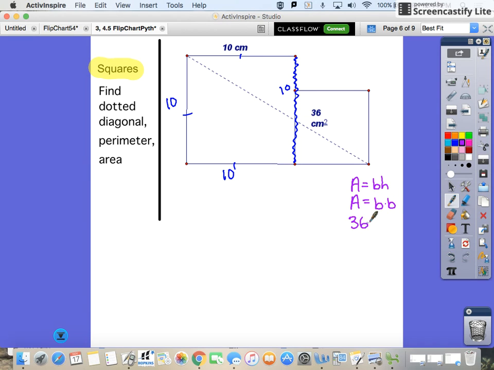So what number, because our area is 36 and b times b is b squared, what number times itself is 36? Well, that's 6. If you square root both sides, that's how you know for sure. So we know that this side is 6, this is 6, this is 6, and that would be 6.